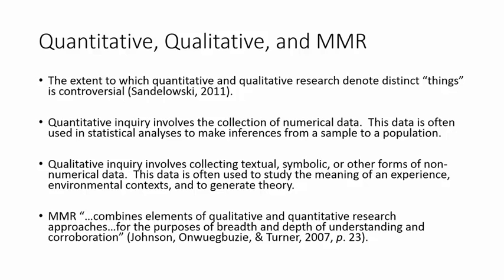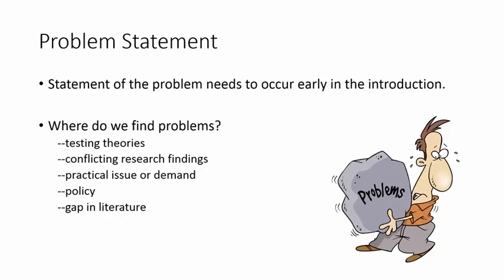So here we've had a sense of, well, what's quantitative inquiry, what's qualitative inquiry, what is mixed methods attempting to do. And the first thing that we need to do is to think about what type of problem I am interested in if we're going to develop a proposal. So the problem statement really needs to occur fairly early in the introduction, and you can do this in a very succinct way or a more elaborate way.